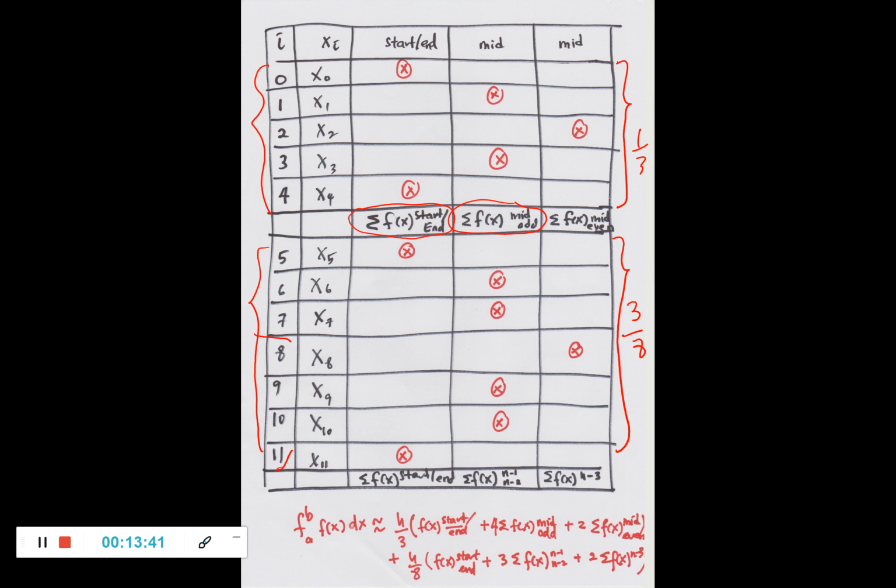Sumkan yang dalam 1/3 formula and then sumkan dalam 3/8 formula, and then you akan tambahkanlah kedua-dua lah. This is you punya value dalam 1/3 formula, this is your value dalam 3/8 formula. So hasil tambah kedua-dua ni adalah the approximation of the fx value between point A and point B.